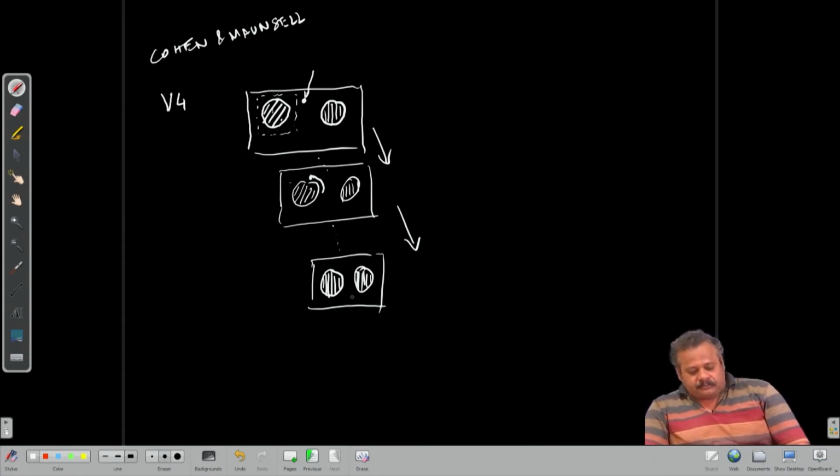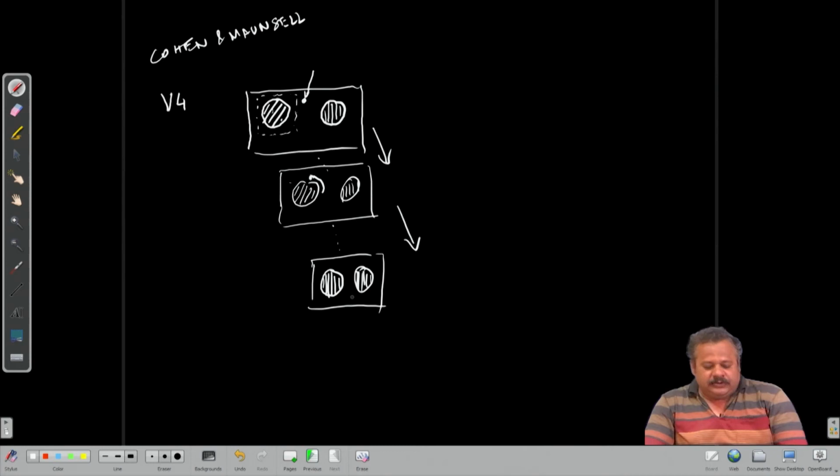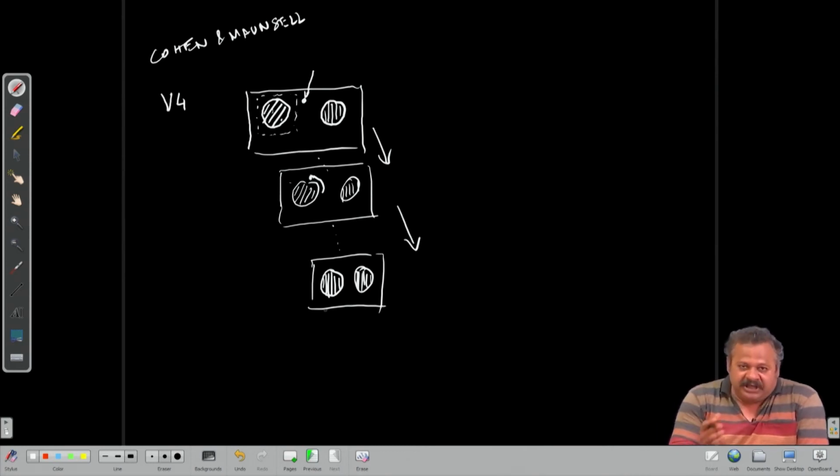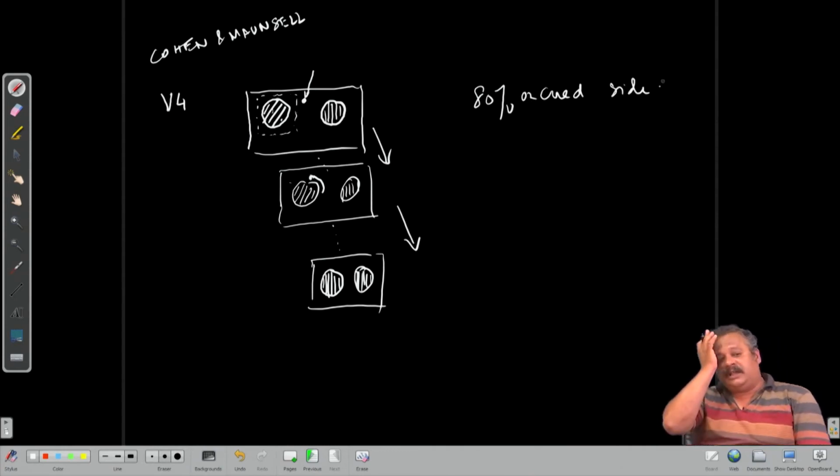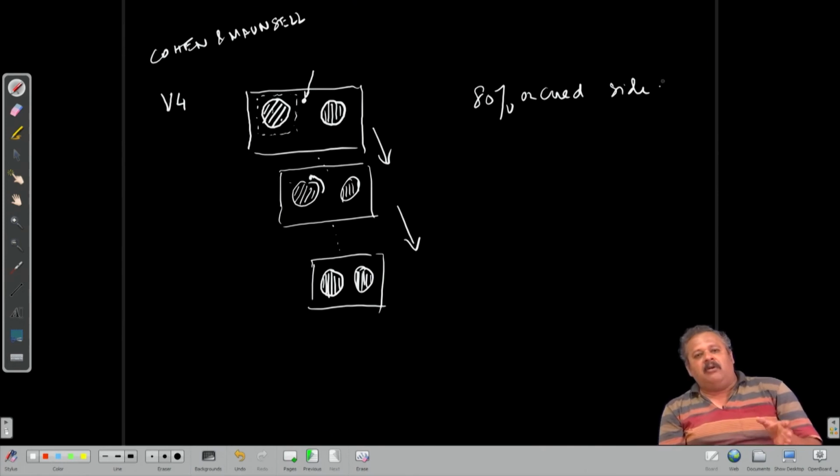And along with that, the monkey is provided a change in 80% of the trials on the cued side. So, the monkey is expecting a change on the left hand side. Out of 100 trials, 80 trials randomly would have a change on the left hand side, but 20% of the time the change would be on the right hand side, which the monkey did not know, and the monkey would be rewarded for change detection on either side.